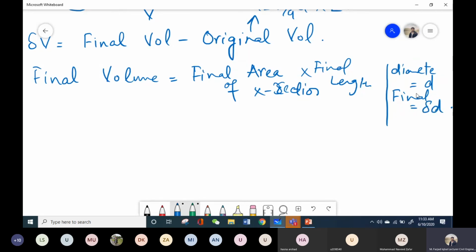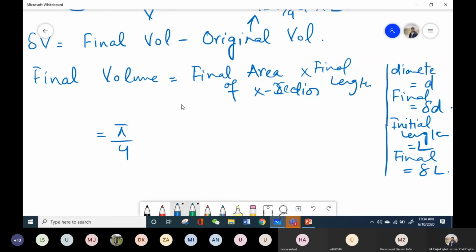Similarly, the initial length is L, and the change in length is delta L. So if I want to calculate the final volume, the final area of cross section is pi by 4 (d plus delta d) whole square, multiplied by (L plus delta L), right?